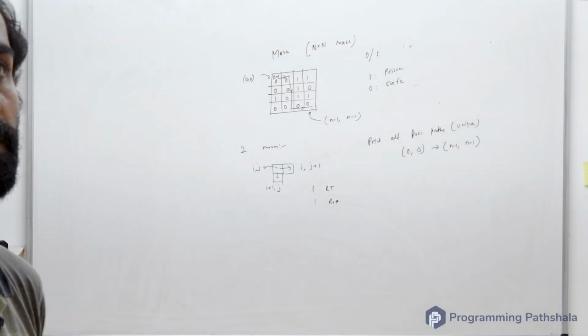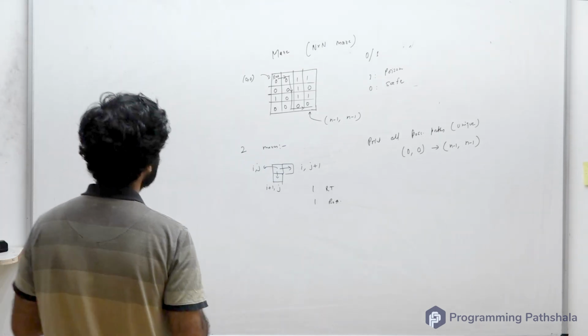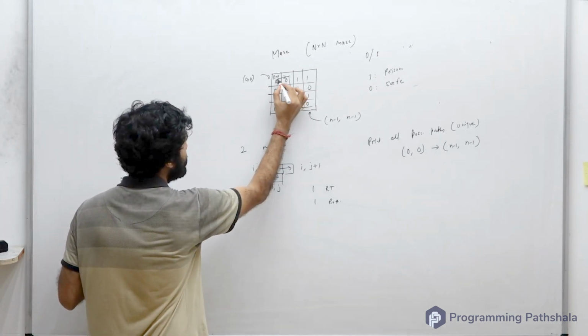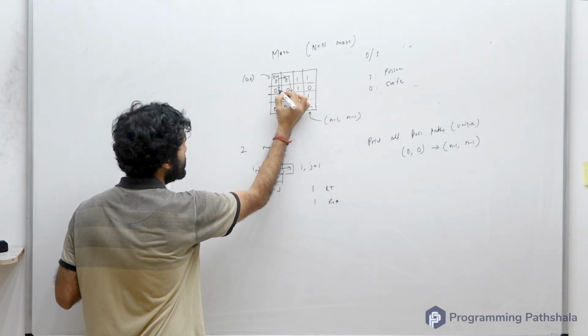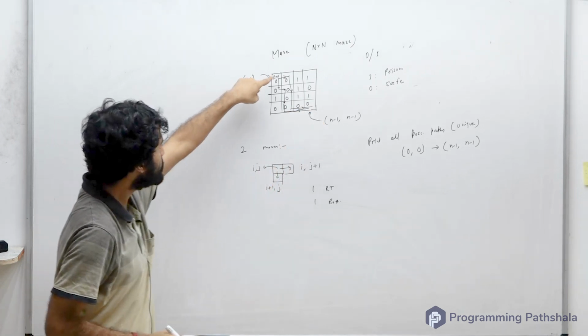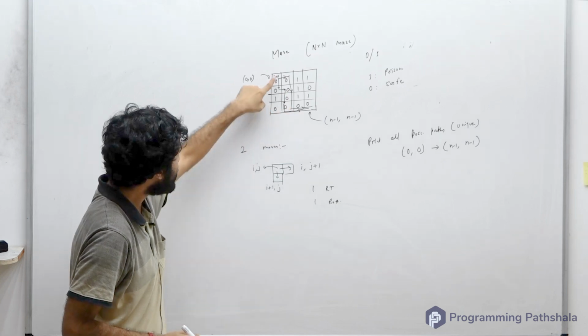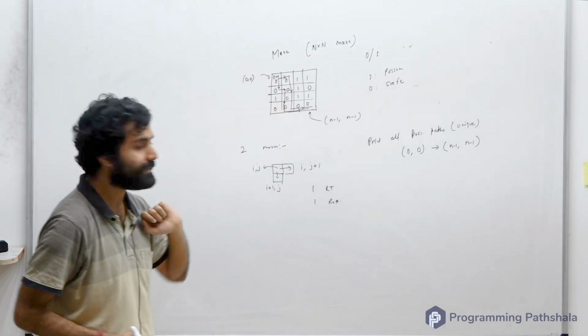Is there another path also which could take the rat from 0 0 to n-1 n-1? Again the answer is yes. So if rat takes this move, then this move, then this move, and then this move. So this was my first path, and this was my second path.